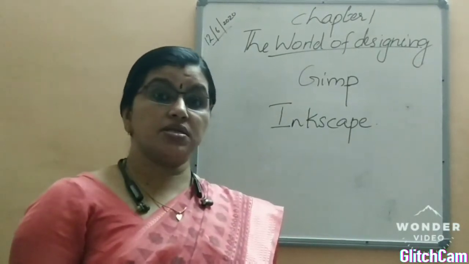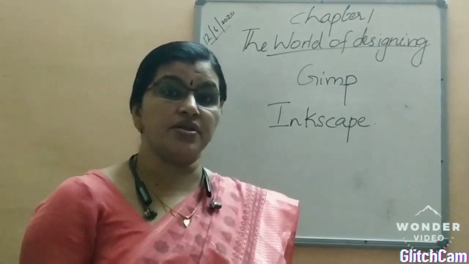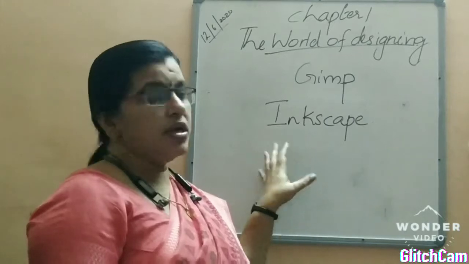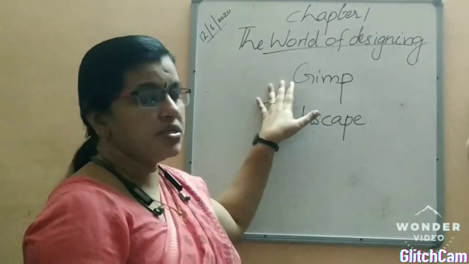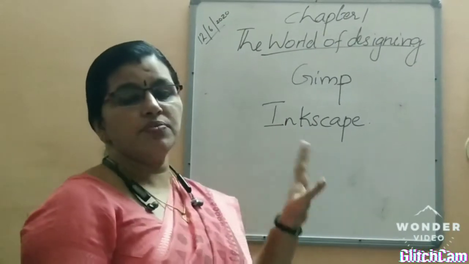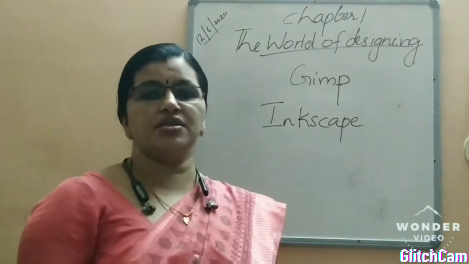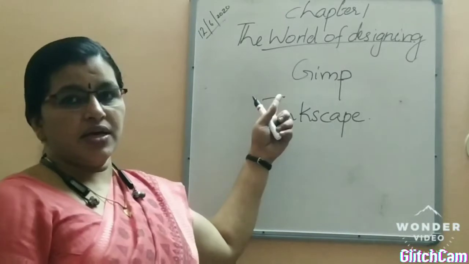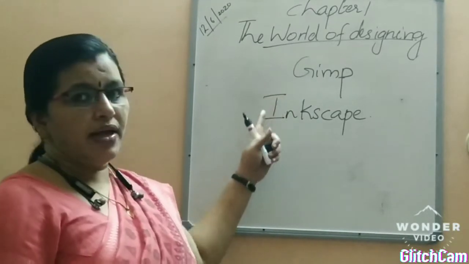But there is a vast difference between GIMP and INKSCAPE. The image produced by GIMP is not similar to the image produced in INKSCAPE. What is the difference? We are going to learn. We take GIMP and INKSCAPE as an example.